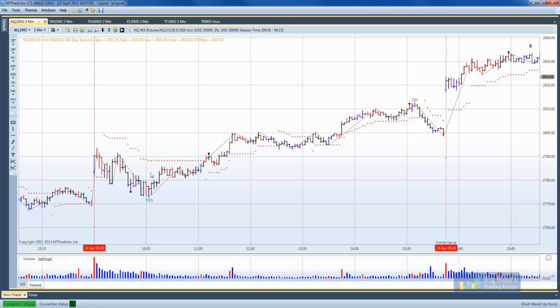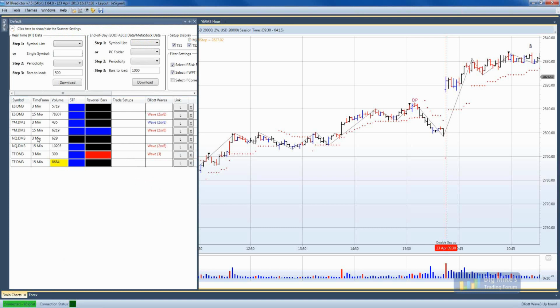Our automatic setups will come on the chart. With the scanner that we have running here, you can set up what markets and what time frames you wish. I'll show you a bit later in the webinar how we can populate these and how easy it is to set them up.